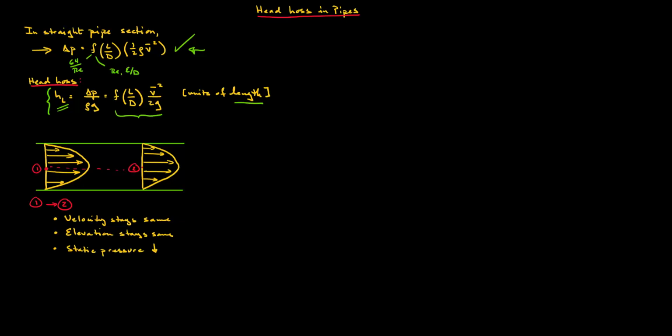So recall that we have this expression for what we call the total pressure, where the total pressure is equal to our static pressure plus 1/2 rho v squared plus rho gz. So this sum over here is constant.